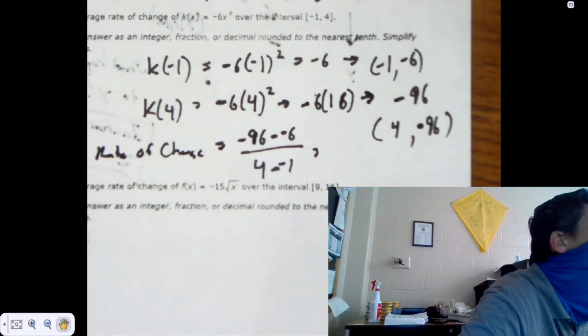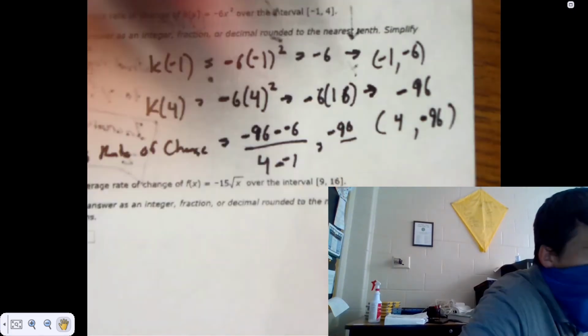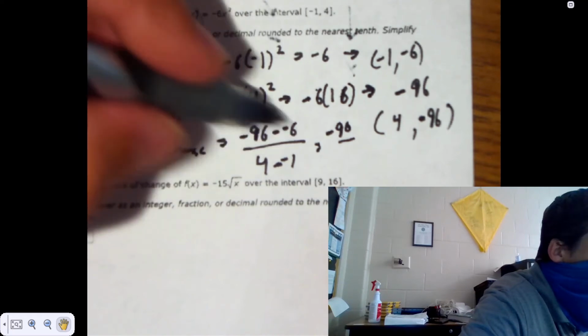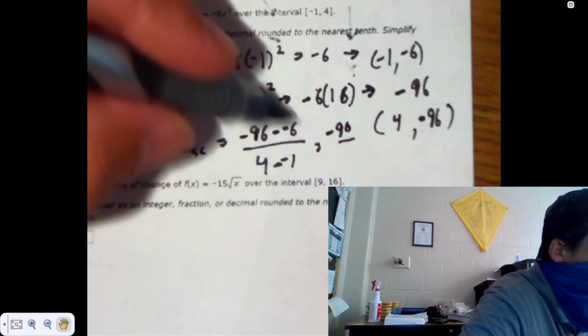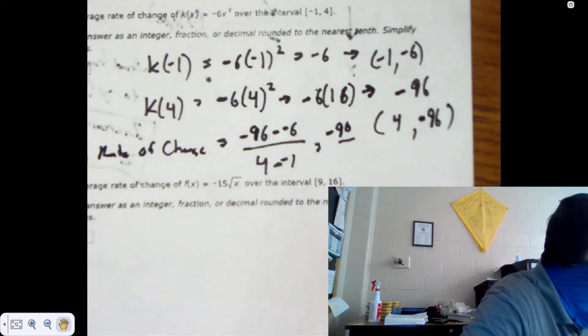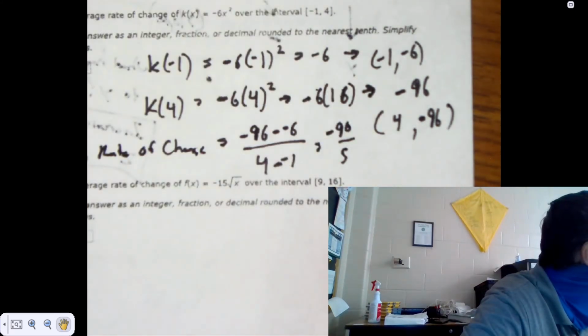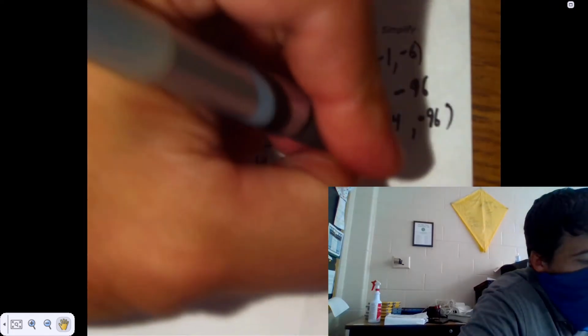What is a -96 minus a -6? That's a -90 because taking away a negative is addition. What's 4 take away -1? Will that simplify? Yeah, it'll simplify. -18. And that is what you'll put in the box.